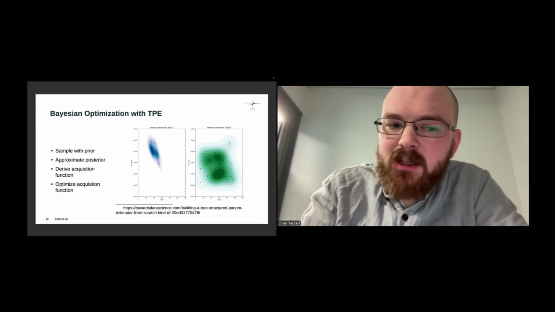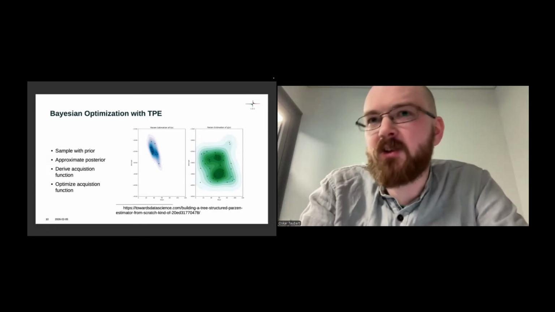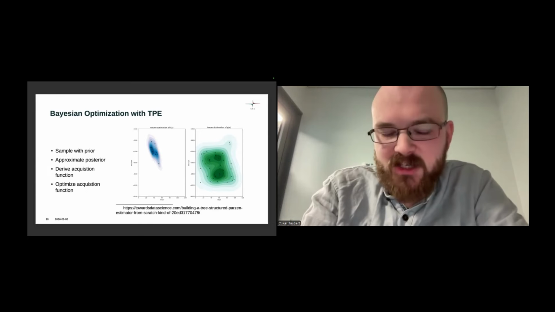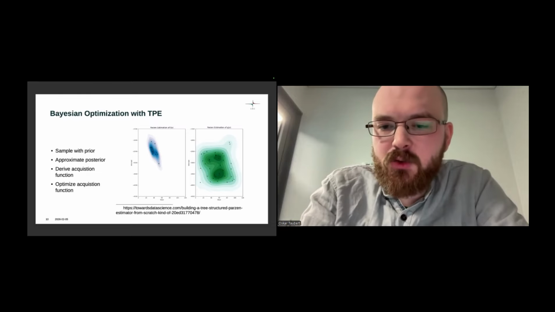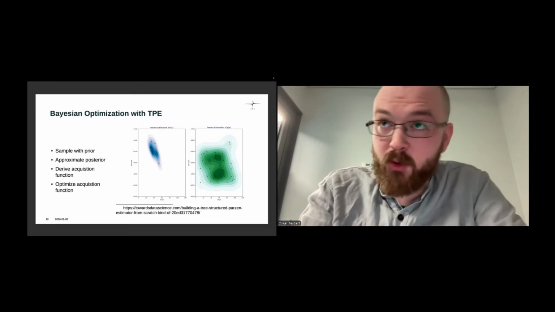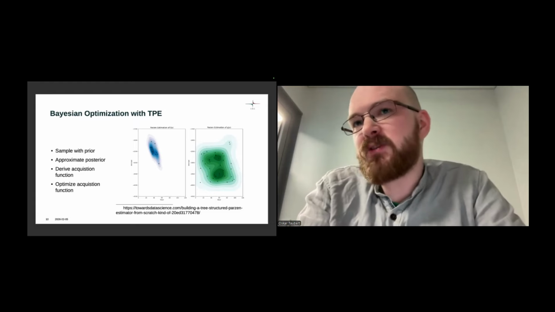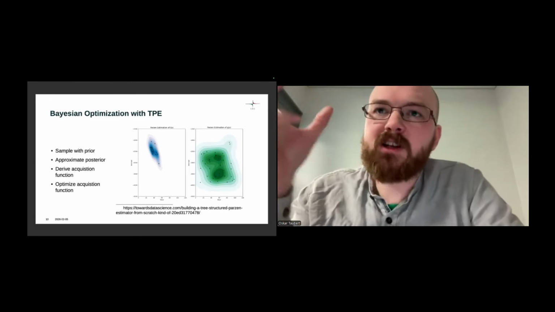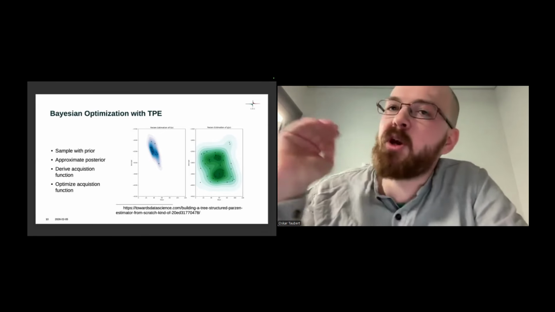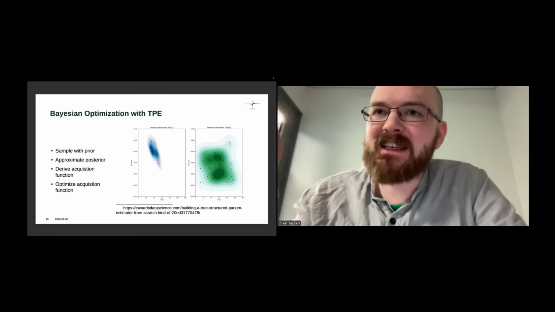From that, you can derive what's called the acquisition function. That's also a common feature of different Bayesian optimization approaches. In this case, you just divide those two distributions by each other. That gives you the acquisition function, and the optimum of the acquisition function is supposed to be the next point that you sample.